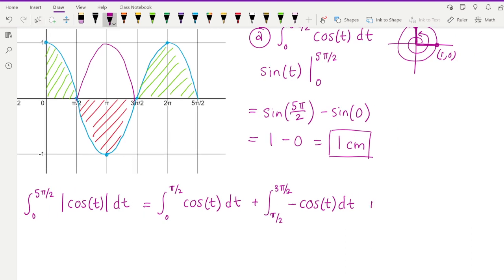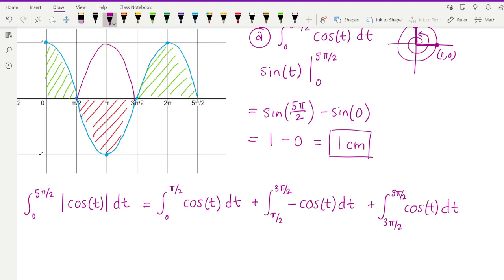And then finally, we have this last little piece, which is the integral from 3 pi over 2 to 5 pi over 2 of cosine. And again, this one we don't need to flip because it's already positive. Now, one thing I want to point out is that there's a lot of symmetry in this. I mentioned this in the last one, but I think now is a good time to take advantage of it.